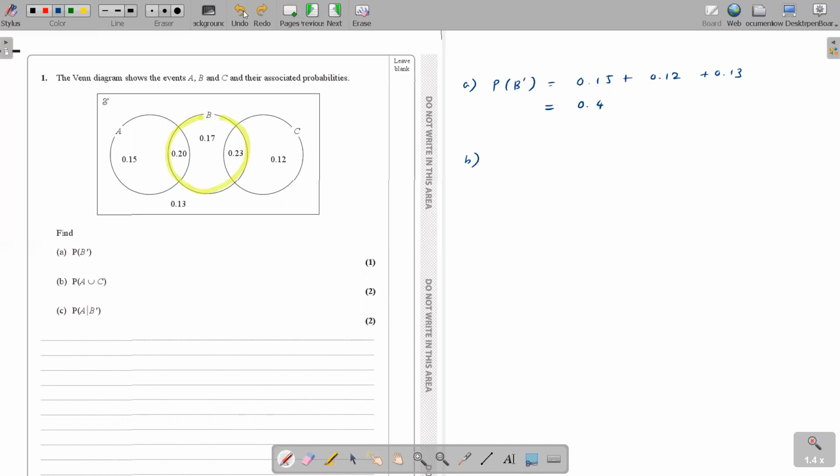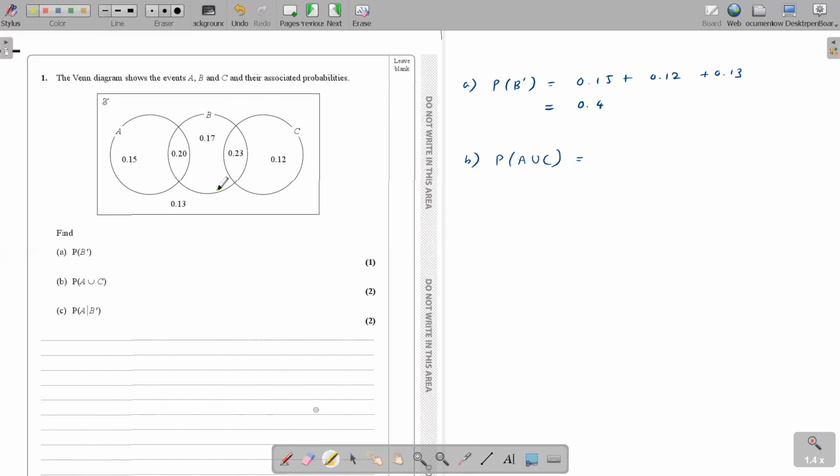Okay, part B, A union C. Probability A union C. So how do you get the probability of A union C? You could use the addition rule: probability A plus probability C minus probability A intersection C, or you could just use these two circles.